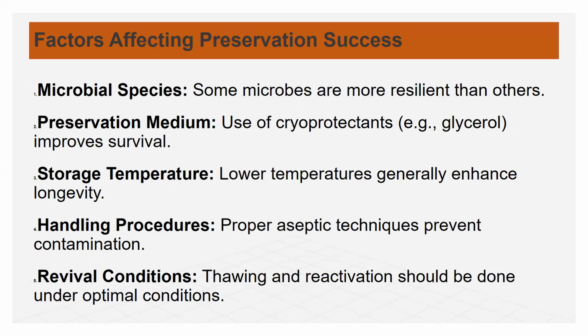So we have mentioned the major methods of preservation, but what are the factors that can affect preservation success? You try to preserve, but sometimes you discover that when you wanted to use it, it didn't grow again, like the one I was talking about.